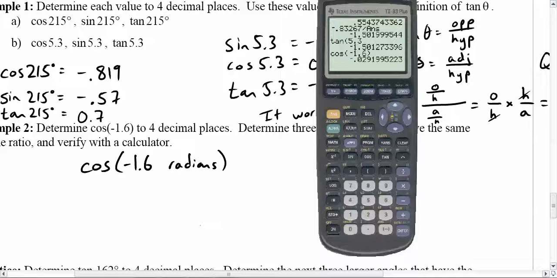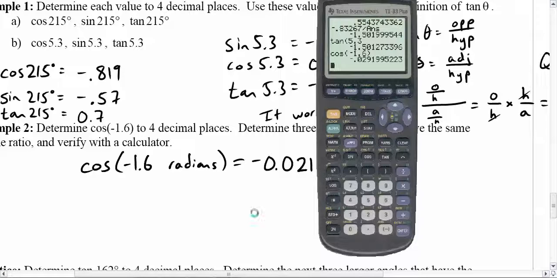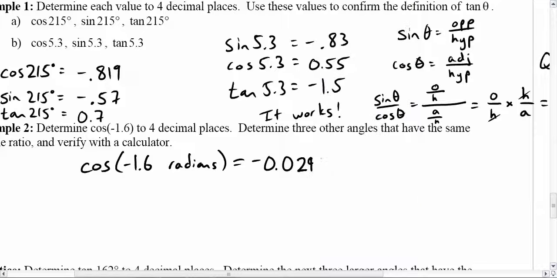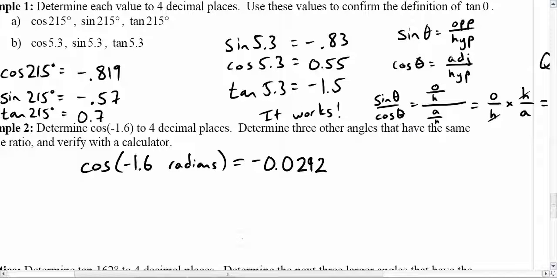And you get negative 0.0292, to 4 decimal places. Now, can you find 3 other angles that have the same cosine ratio?